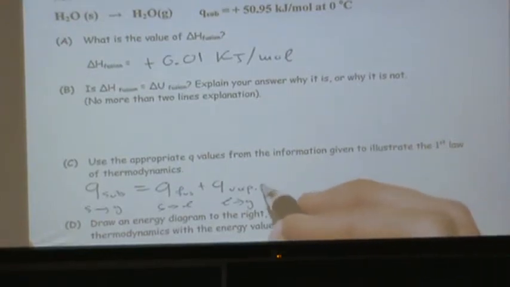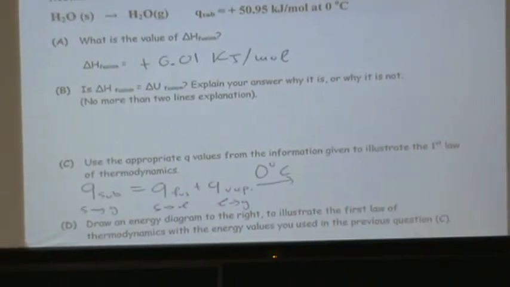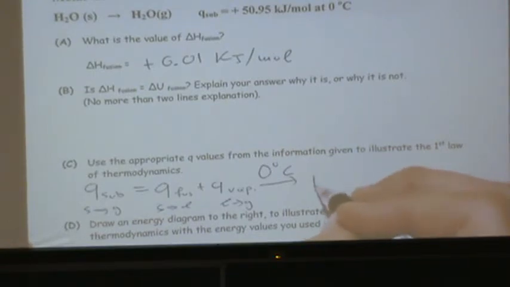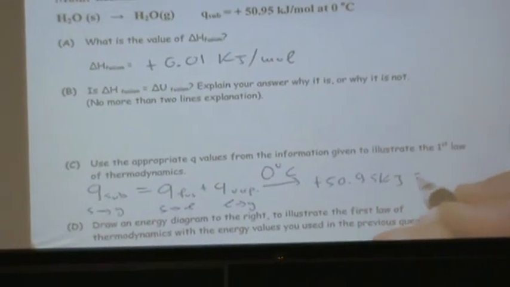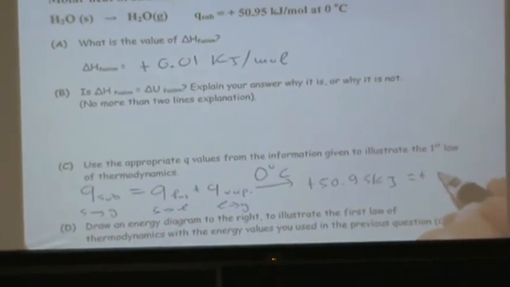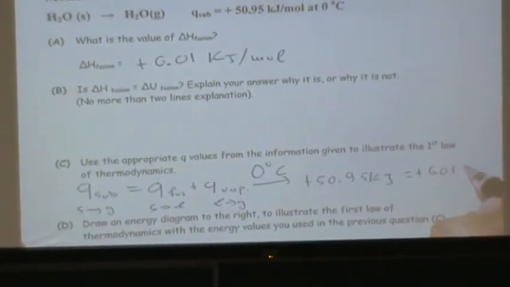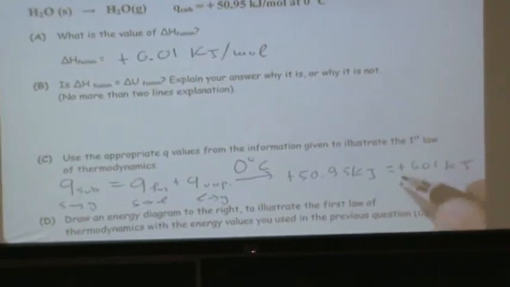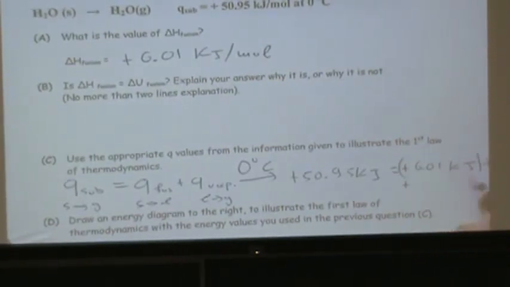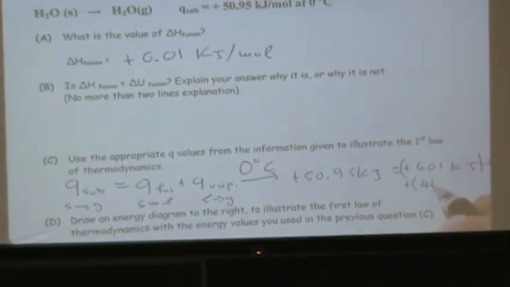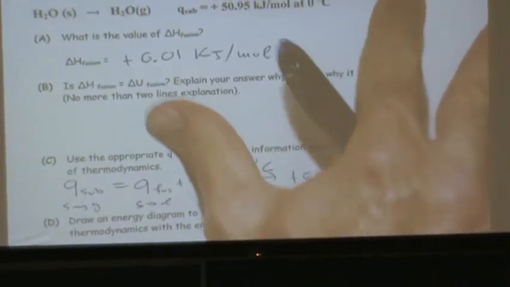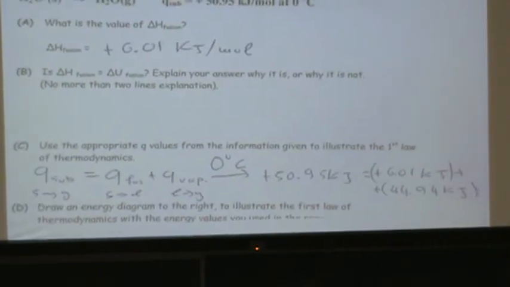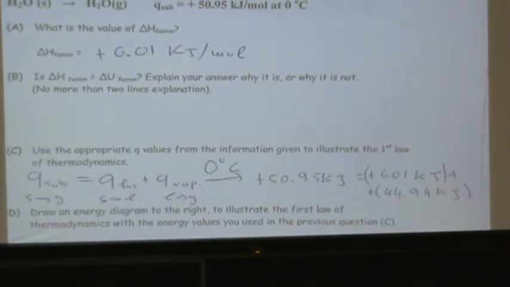And if you do it at 0 degrees Celsius, the same temperature, you find out that plus 50.95 kilojoules is actually equal to plus 6.01 kilojoules plus 44.94 kilojoules. See? You can see that the numbers really do work, don't they? Right?